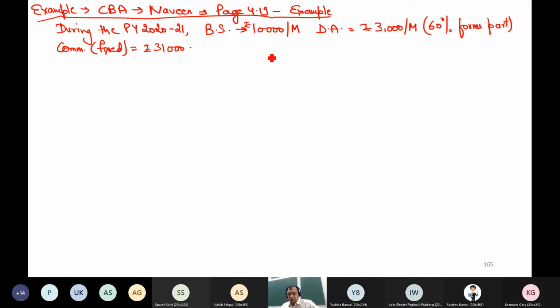He contributes 20,000 towards PF. So this person contributes in PF rupees 20,000. That's it, only 20,000. Now, can you tell me whether this 20,000 is a per month figure or yearly figure?